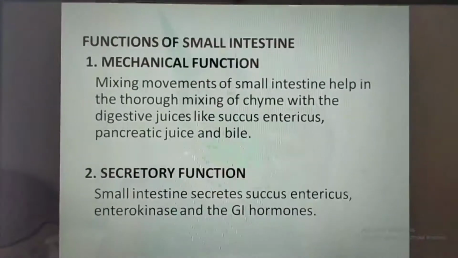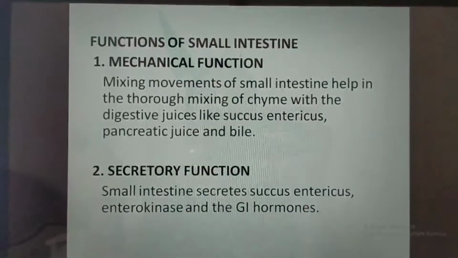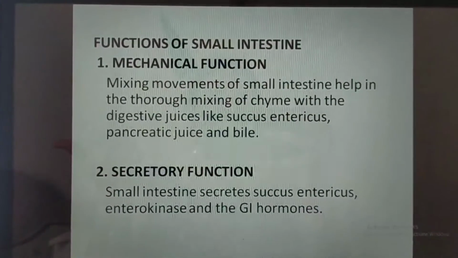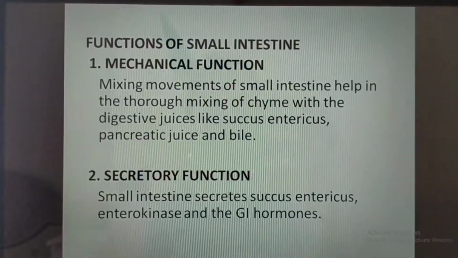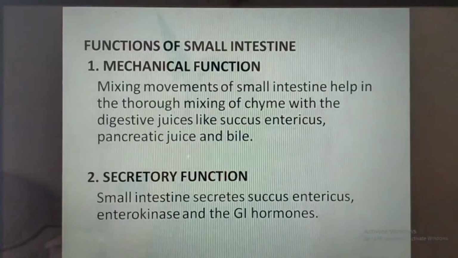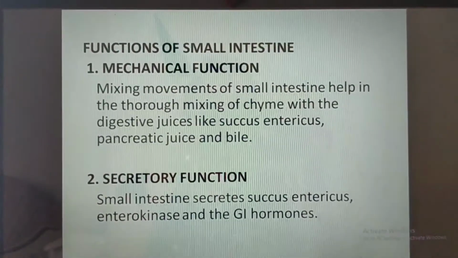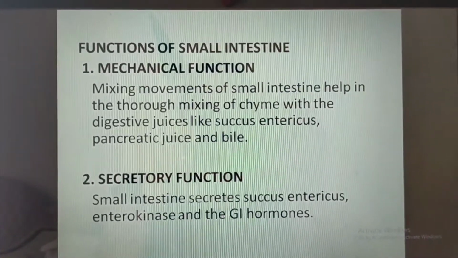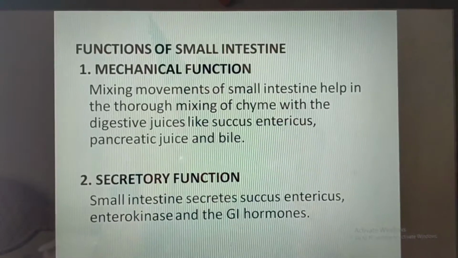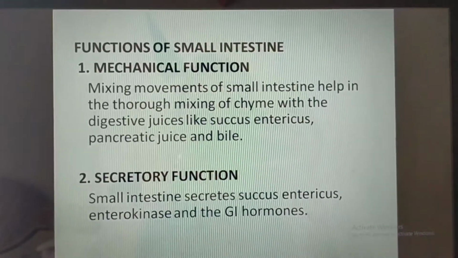Now we'll see the functions of small intestine. Further, we were talking about the functions of succus entericus. First function of small intestine would be mechanical function. Mixing movement of small intestine helps in thorough mixing of chyme with the digestive juices like succus entericus, pancreatic juice and bile.